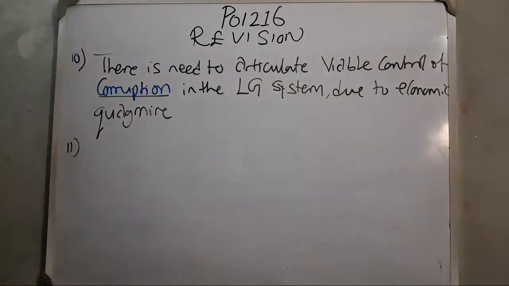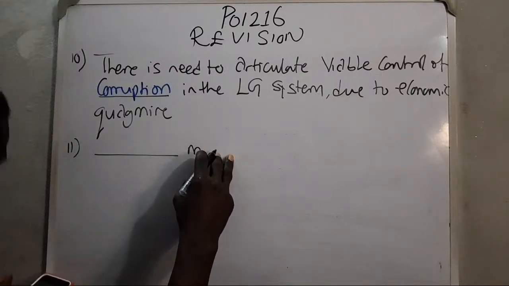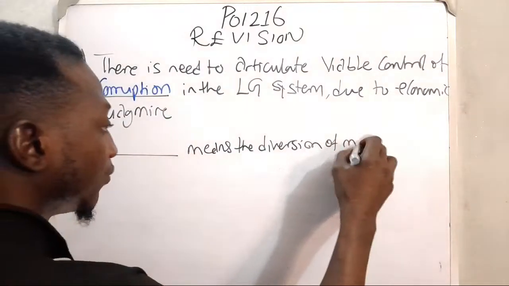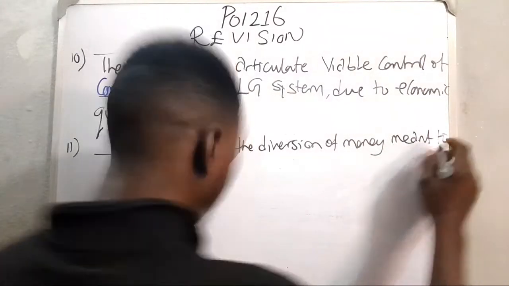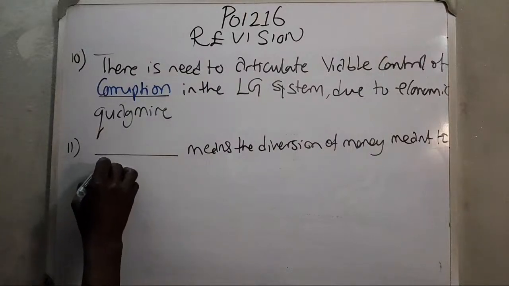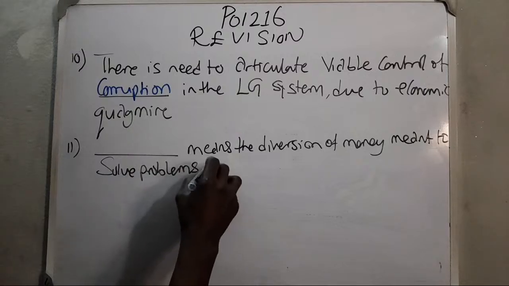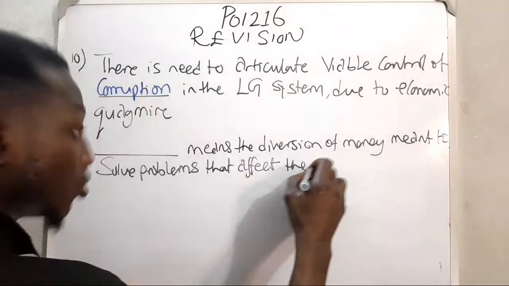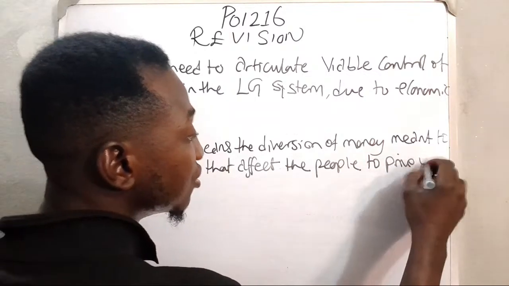Okay, so we have question 11. Dash means the diversion of money meant to solve problems that affect the people to private use.